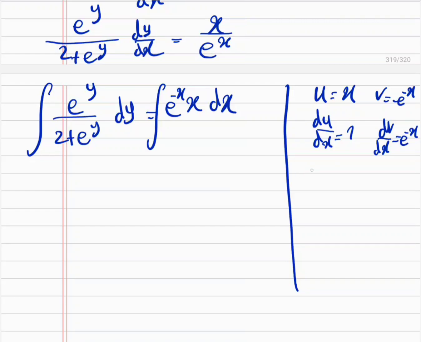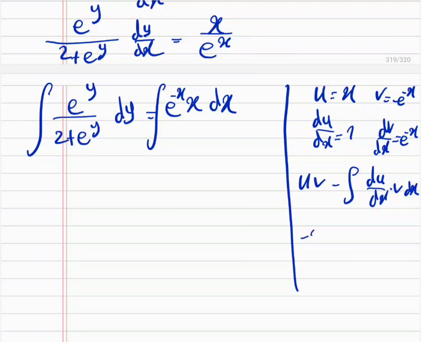Integration by parts says that we can do u times v minus the integral of du by dx times v dx.